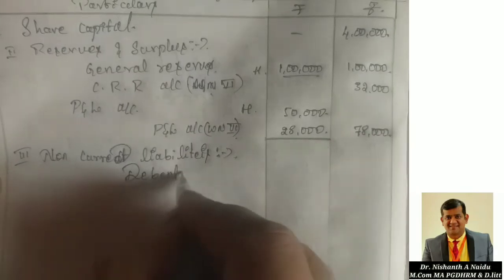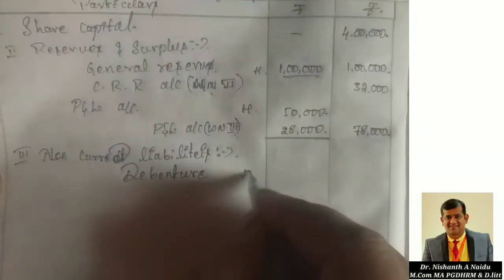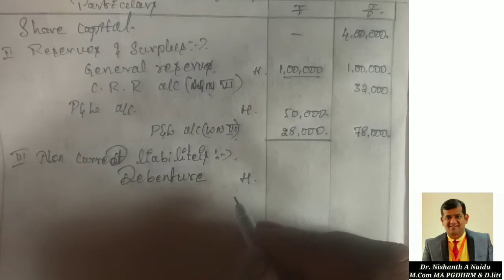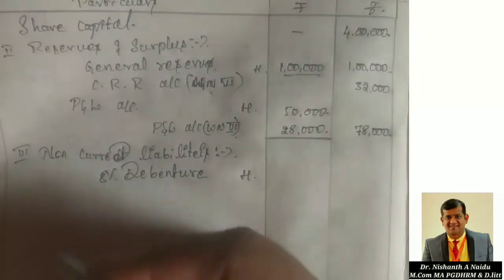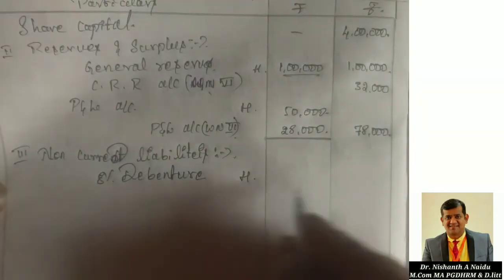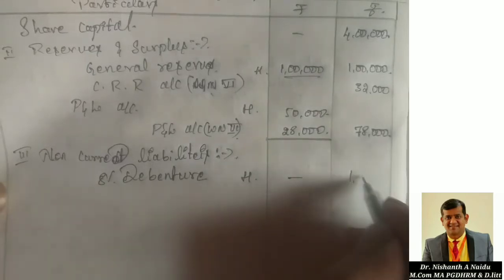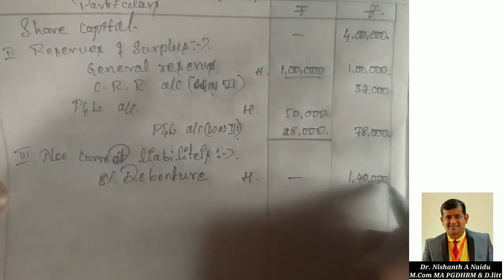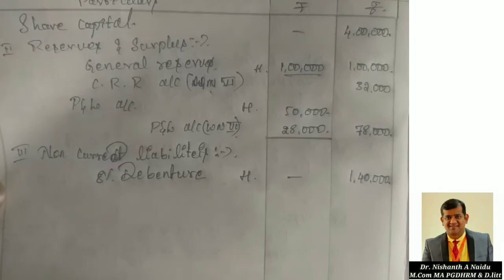So the 8% debenture in H Company Limited is 1,40,000, only H Company, because S Company is nil. So I am not considering anything else.